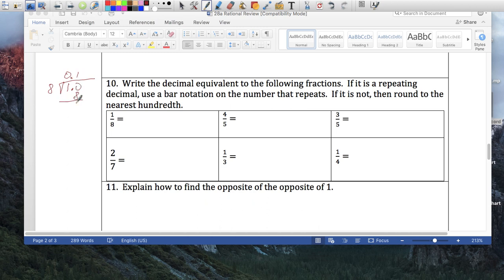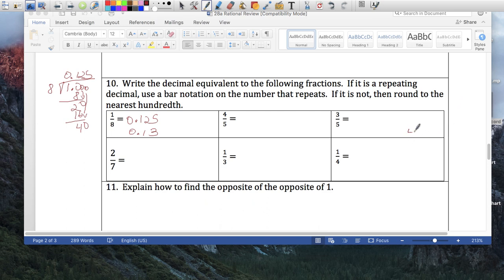Bring a 0 down. 8 goes into 20 two times, 16, 4 is here. Bring another 0 down. 8 goes into 40 five times. So 1 over 8 is equal to 0.125. But it says if it's not repeating, round it to the nearest hundredth. So that rounded is going to be 0.13.